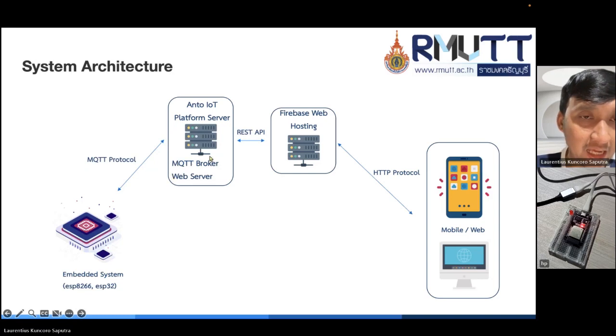We have an MQTT broker in Anto, but don't worry, the MQTT broker has already been installed in the Anto IoT platform. We should know how the MQTT protocol works, so we can know how data is transmitted from or to ESP32 and Anto IoT.